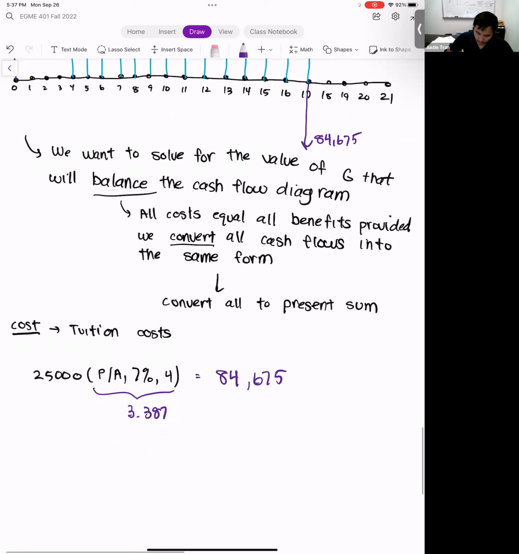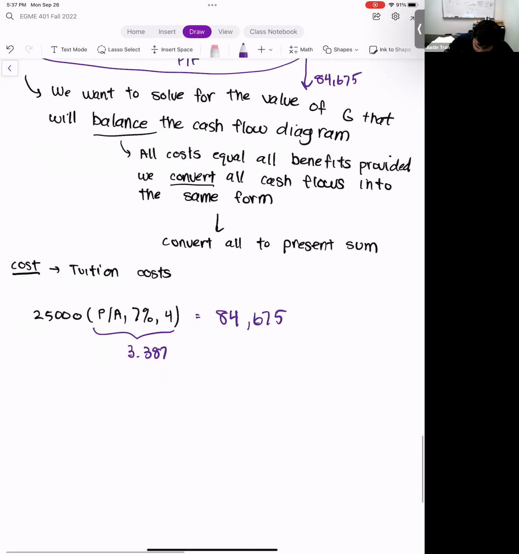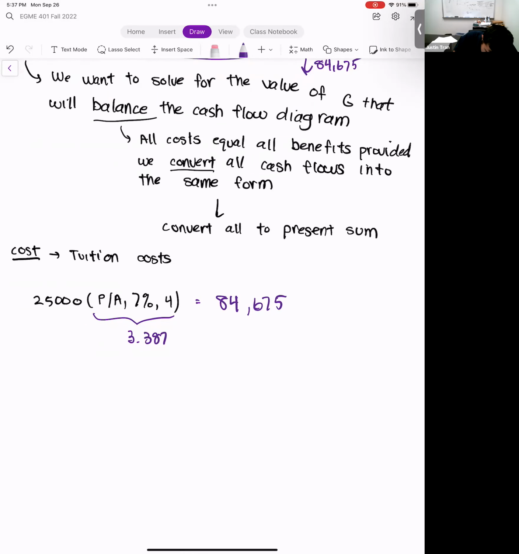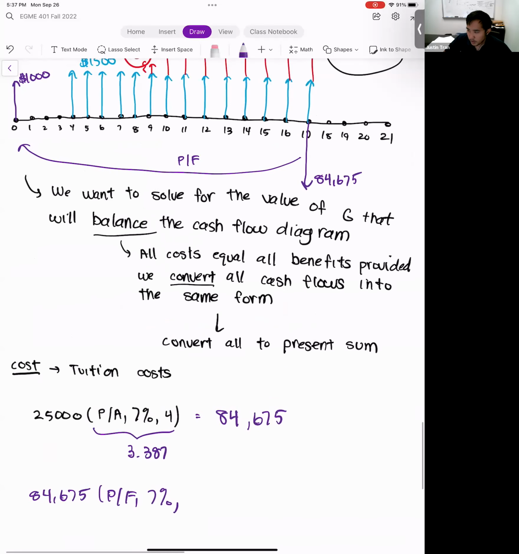Then what we're going to do from here is transport it back to year 0. So this is going to be a P over F conversion: 84,675 times P over F at 7%. Remember that when we perform P over A, it puts that single lump sum on the year before the series started.